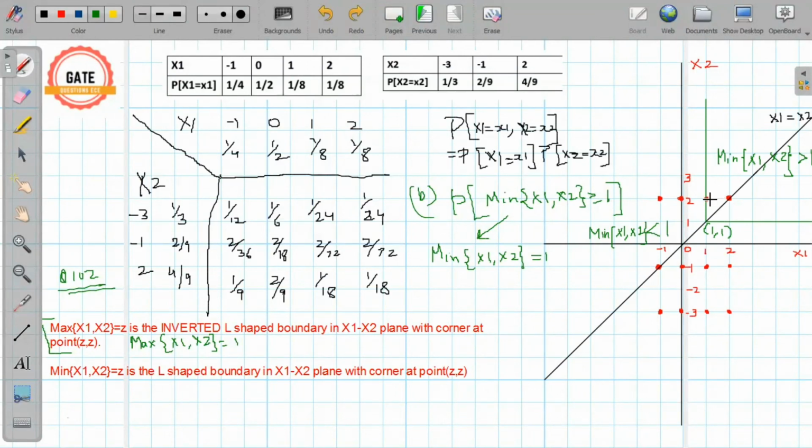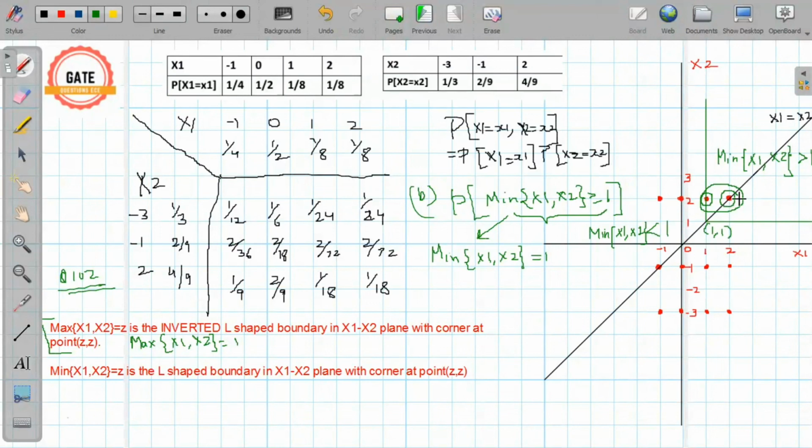We can observe here that there is only one point lying on this minimum x1 comma x2 is equal to 1 line, and there is one point lying in this minimum x1 comma x2 greater than 1 region. So in total there are 2 points lying in the region specified by this inequality, minimum x1 comma x2 greater than equal to 1.